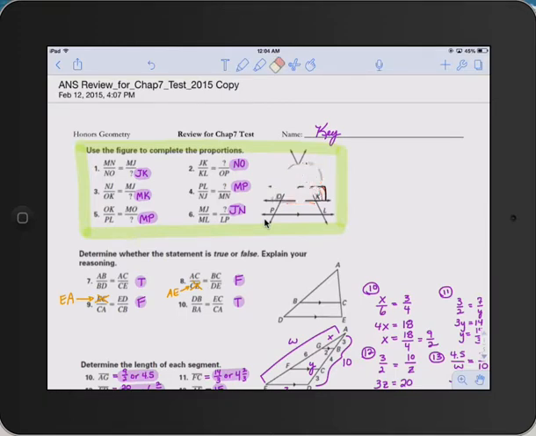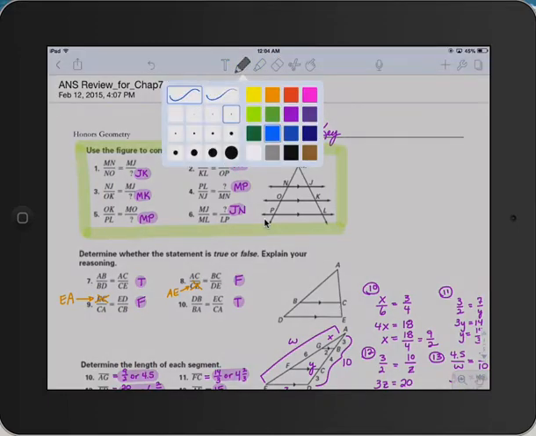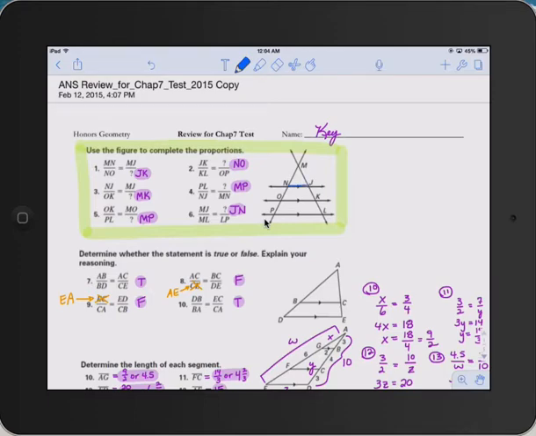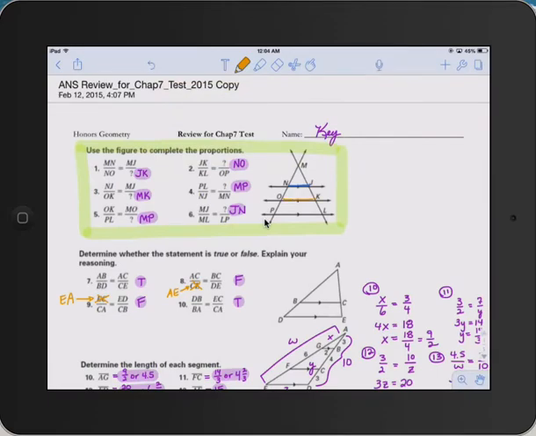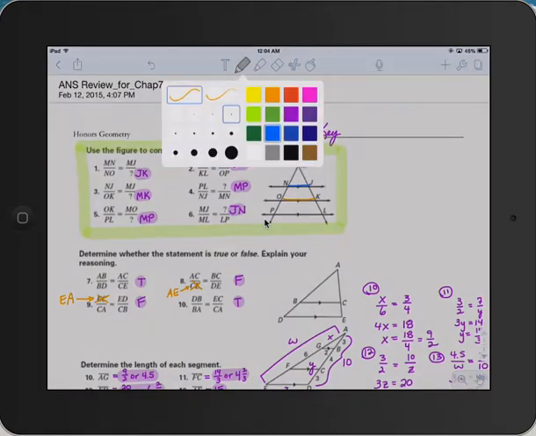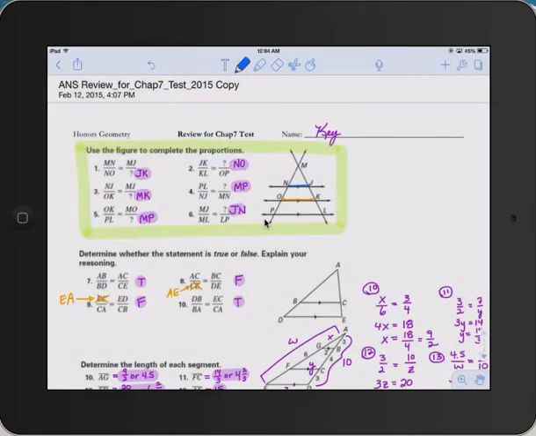The ones that sometimes students are not as comfortable with initially are ones like number 3, where it says NJ is being compared to OK, and it's wanting you to fill in what would correspond with MJ.